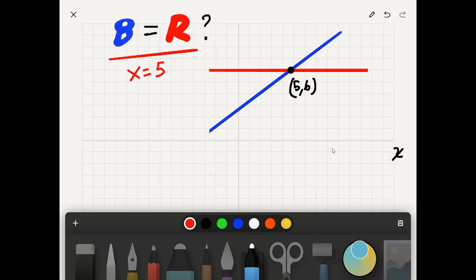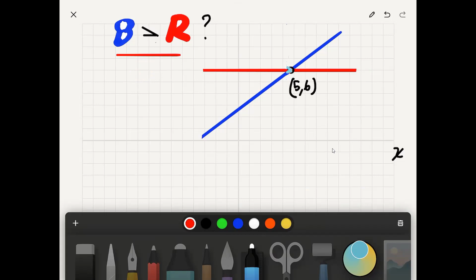But now I want to go to the next level. In this question, I'm asking, where is the blue line above the red line? Is it to the right of the intersection, or is it to the left of the intersection? Because that's what this question right here is asking. It's saying, where is the blue line always bigger or higher than the red line? Well, if you look here, this is where they're equal.